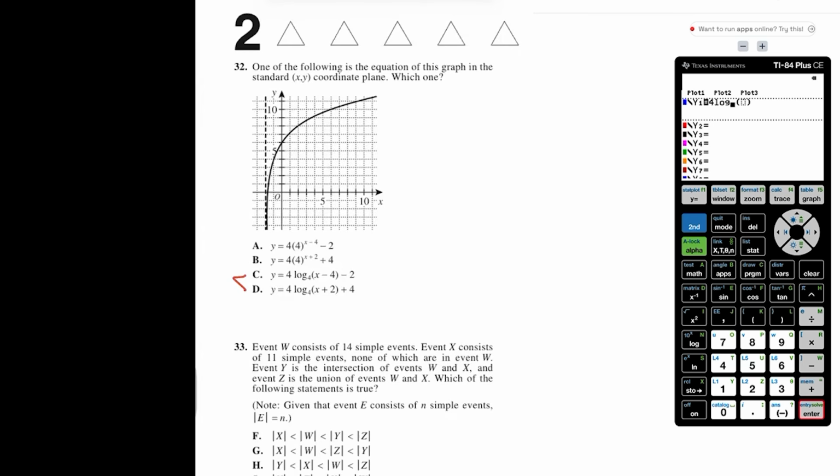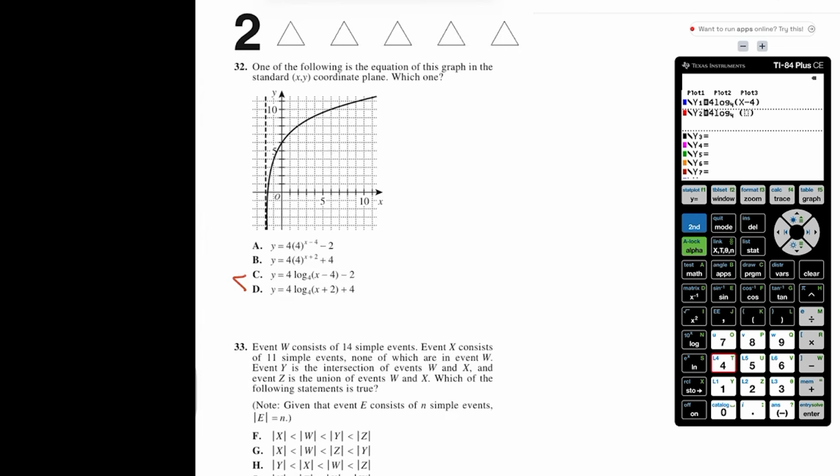So one key thing to know on the graphing calculator is this math button. You need to make sure you are changing the log base, which is going to be A, 4, and then x minus 4. I'll go ahead and put in C, and then we can go ahead and put in D too.